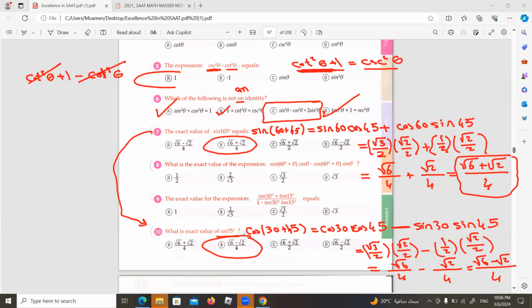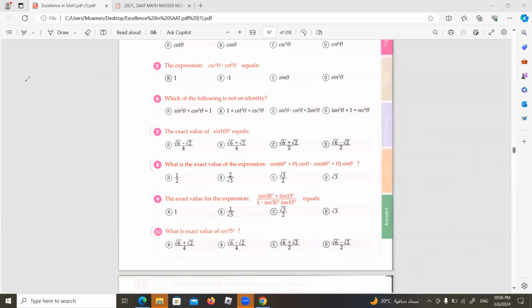Now we're going to number 8 and number 9. In number 8, he asked what is the exact value of this expression.